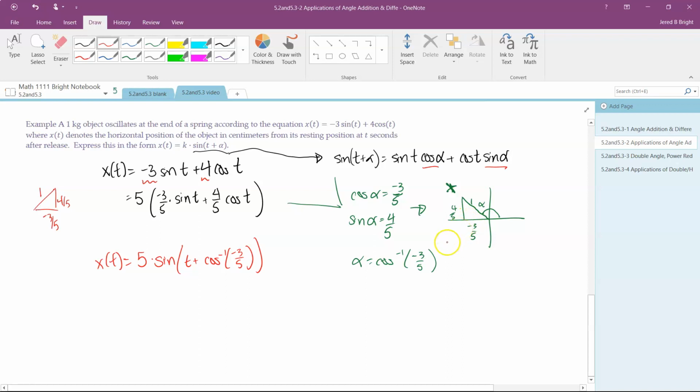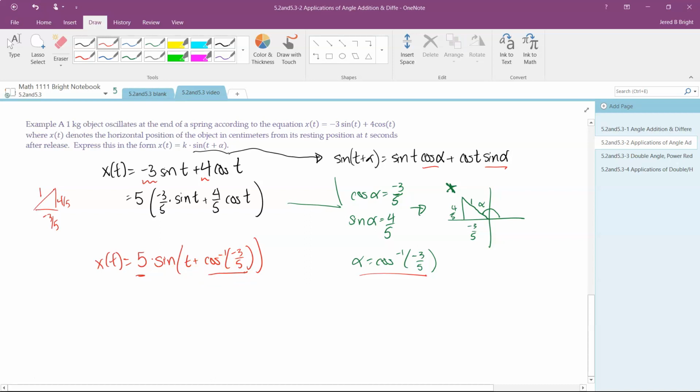To get the correct angle here, you could try inverse sine of 4/5, but that isn't going to give you the right angle due to the range of inverse sine. But if you use inverse cosine, then you get the angle in the second quadrant, so that's going to be our angle. So all said and told, we get the desired form of 5, and then we get our alpha to be cosine inverse of minus 3/5.